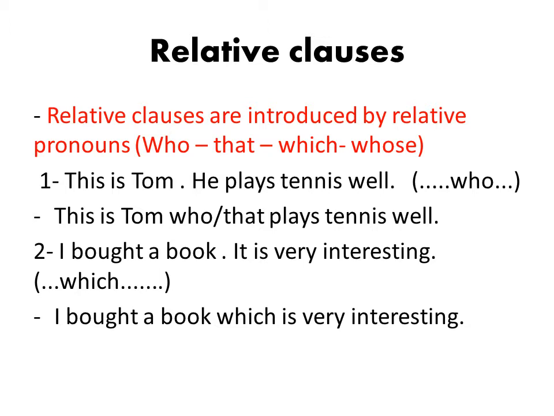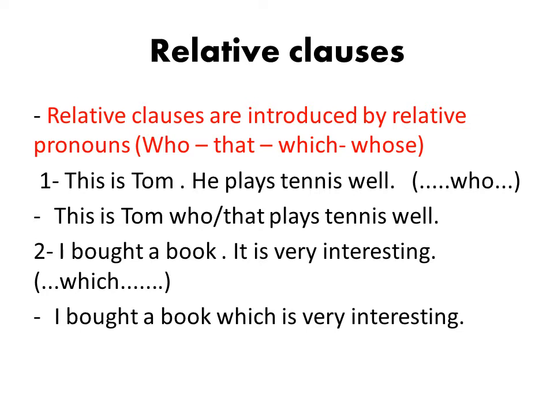So in the second sentence we will omit that noun or pronoun. Here we have he, and he refers to Tom. We will omit he and put who after the noun Tom. So the answer will be: This is Tom who or that plays tennis well.